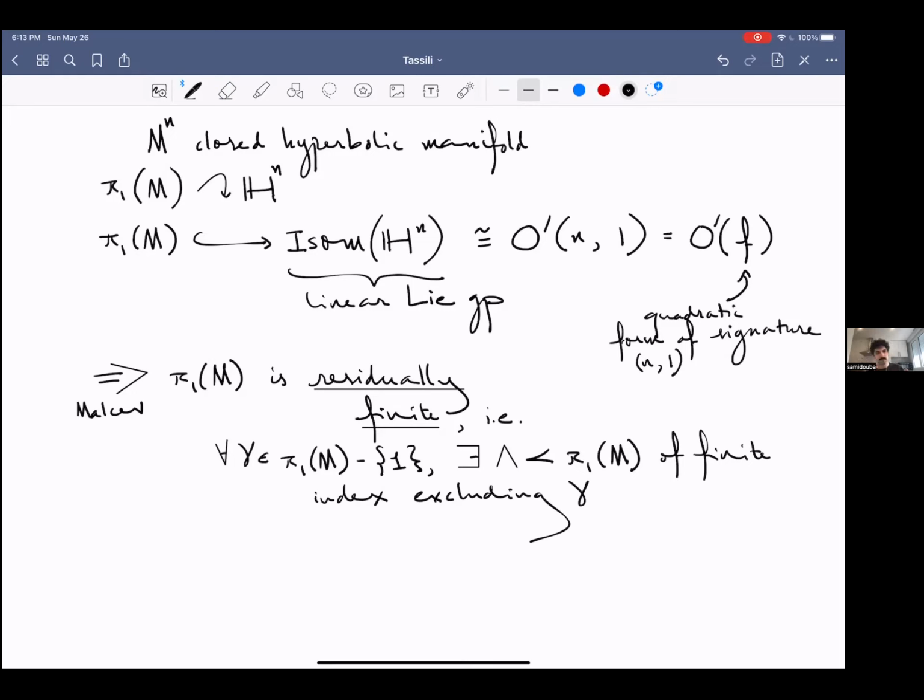And in fact, once I can find a finite index subgroup, I can also find a finite index normal subgroup. So I can upgrade lambda to a normal subgroup. In fact, in practice, this will be a congruence subgroup.